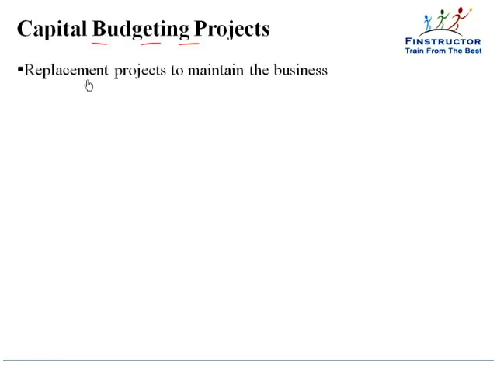So what are the general categories of projects that require this detailed analysis that we're going to study? There could be replacement projects which are required to maintain the current business. These projects are normally taken in the regular course of the business, and not much analysis is put in because it's for the current business to sustain.